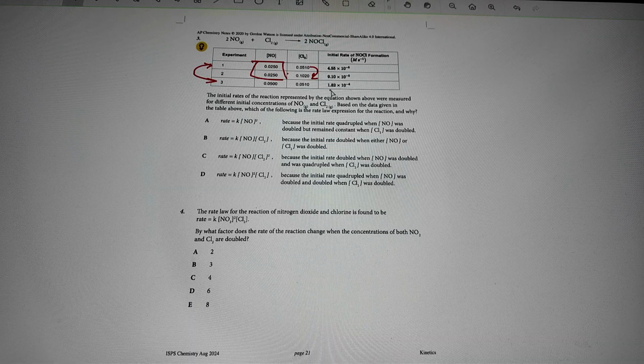That, I think, quadrupled the reaction. And because the rate doubles from 1 to 2, this is first order in Cl2.